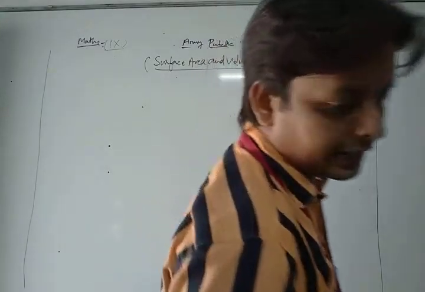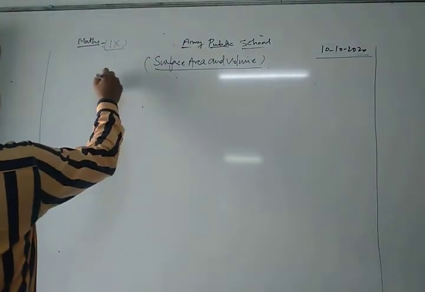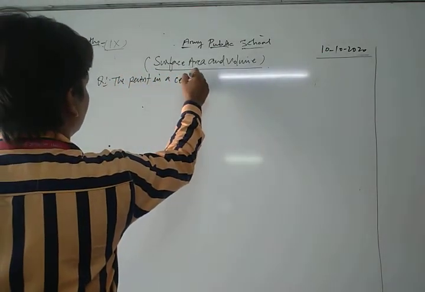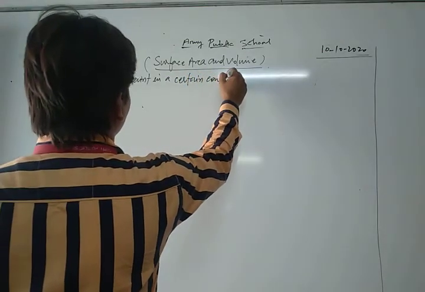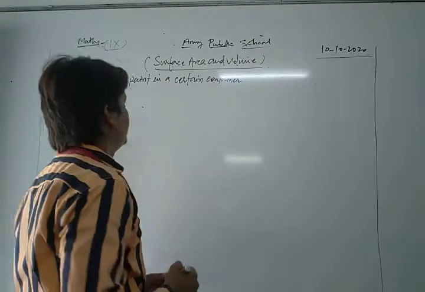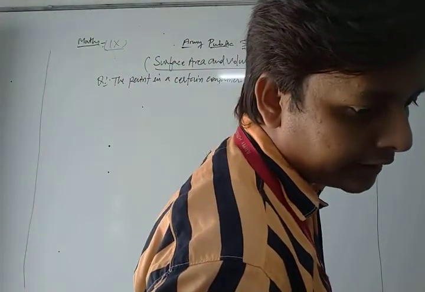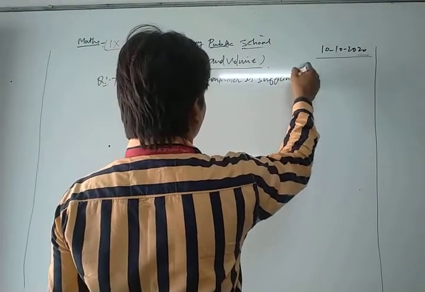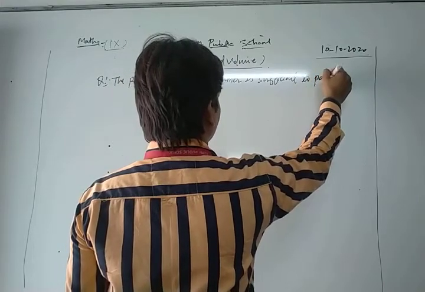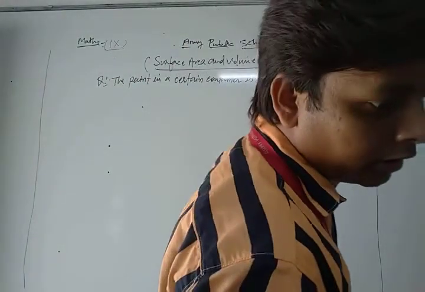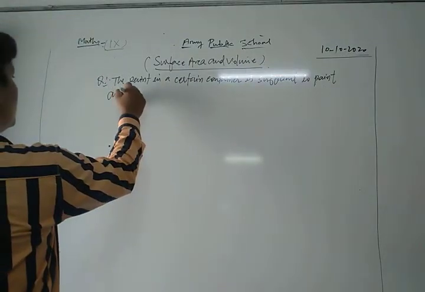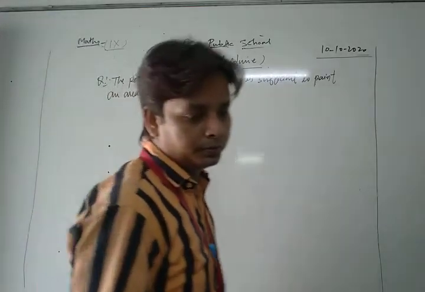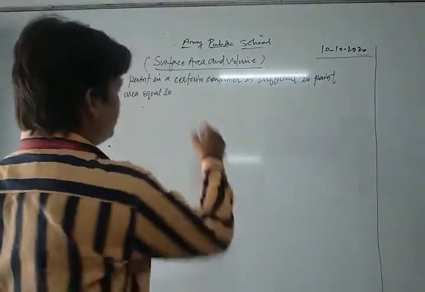Let's see some other question. Your question is a very important question. The paint in a certain container is sufficient to paint an area equal to 9.375 meter square.